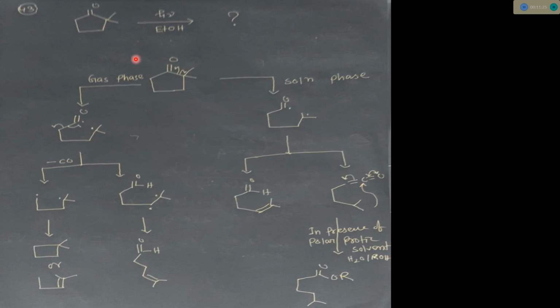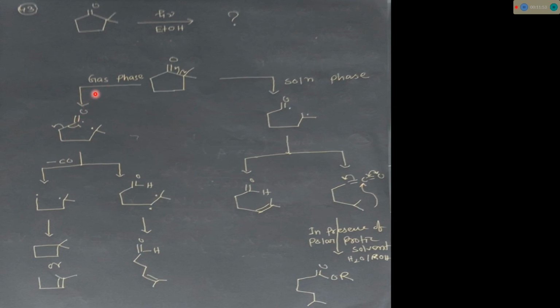If we treat a carbonyl compound like cyclopentanone, a cyclic ketone, with light in gas phase, first this bond undergoes homolytic cleavage to form an alkyl radical and a carbonyl radical.